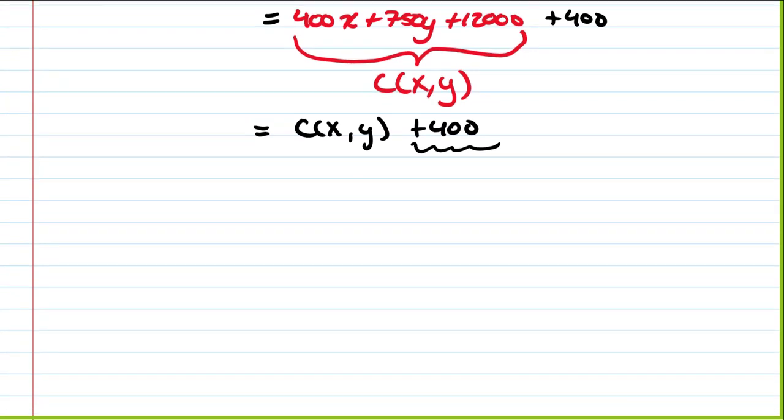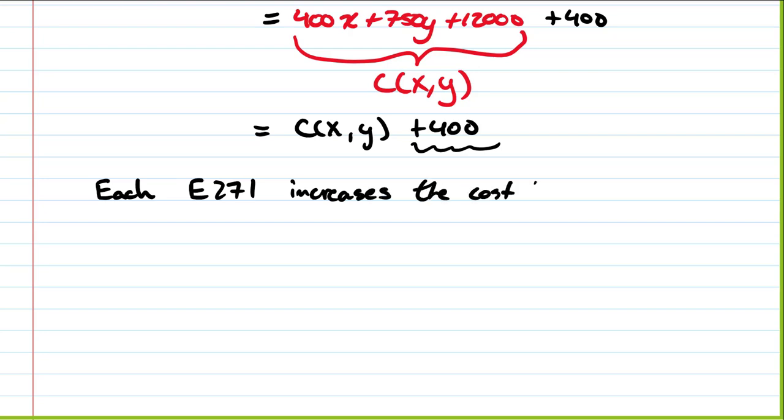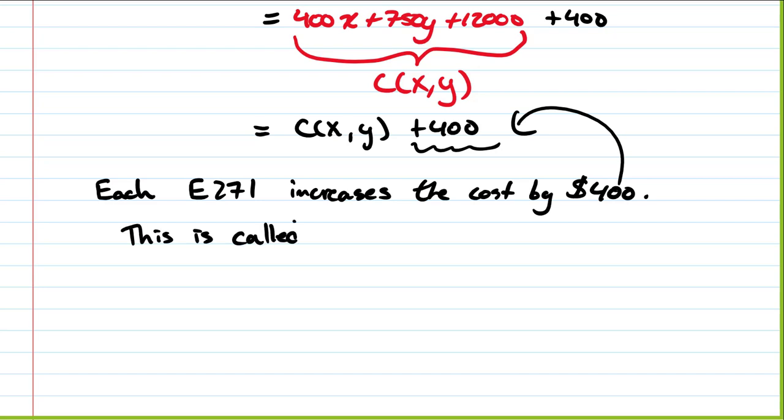And that is called the marginal cost. So each E271 increases the cost by 400. This is called the marginal cost.